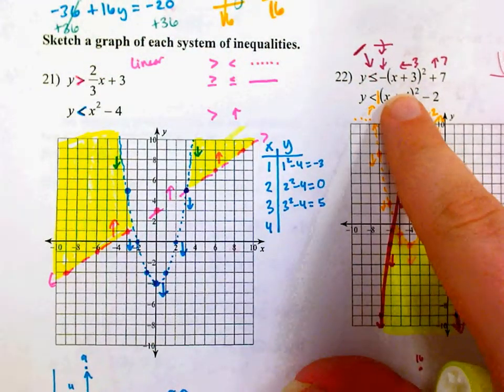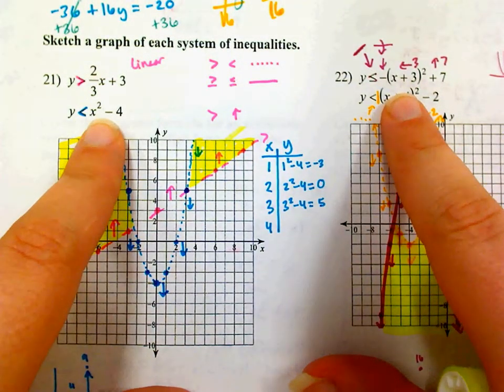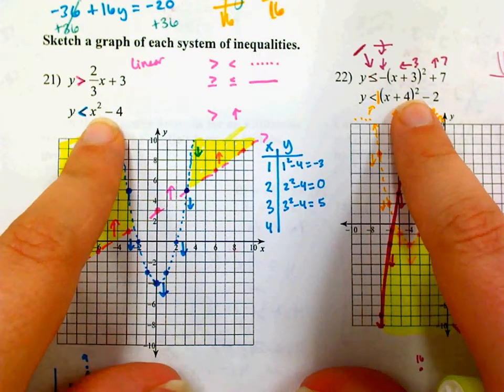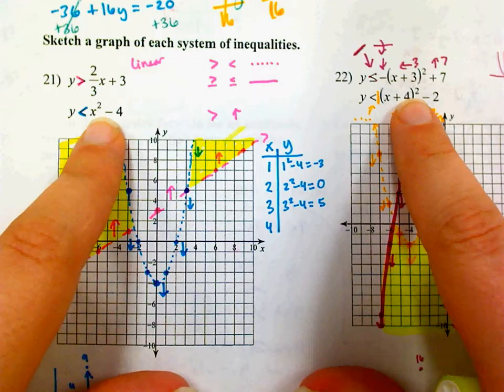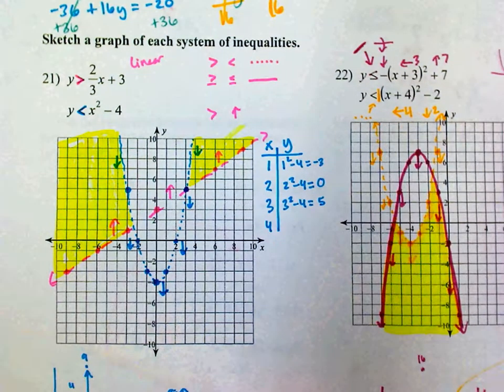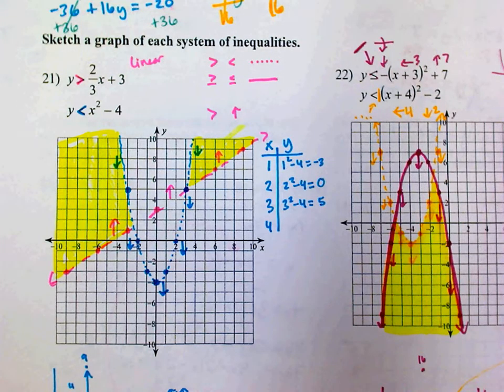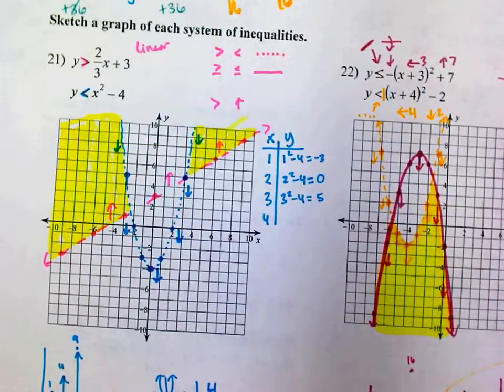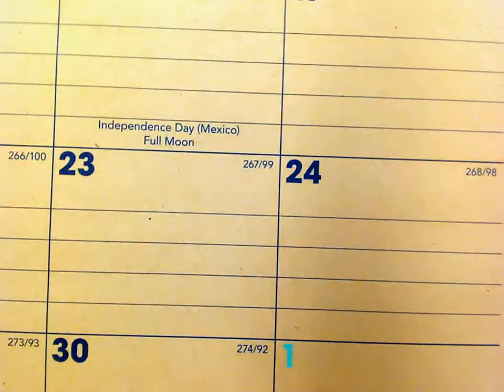I'm thinking more like the second one. I want you to be able to find vertex and do left and right and all that. Do you think I'm going to have 2 parabolas or a parabola and a linear? I don't know. We'll see. I haven't really decided on that, but as long as you can graph one and then the other, you'll be fine. Okay. So the last question, yeah?